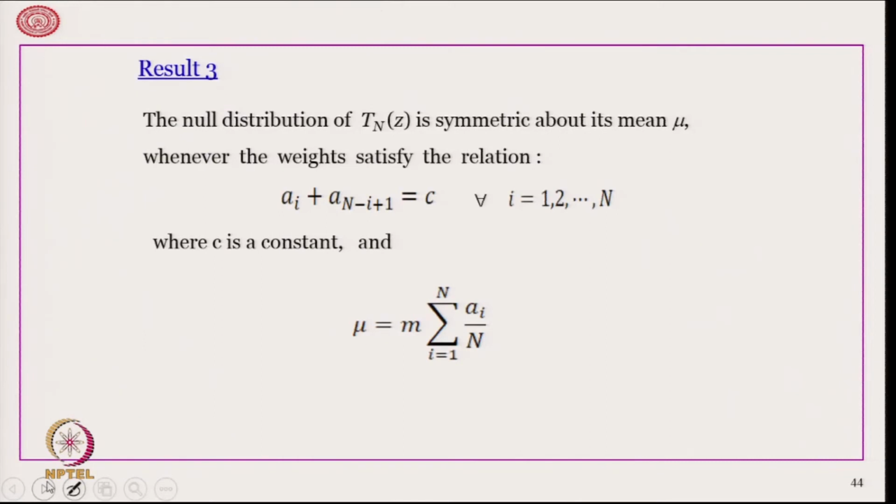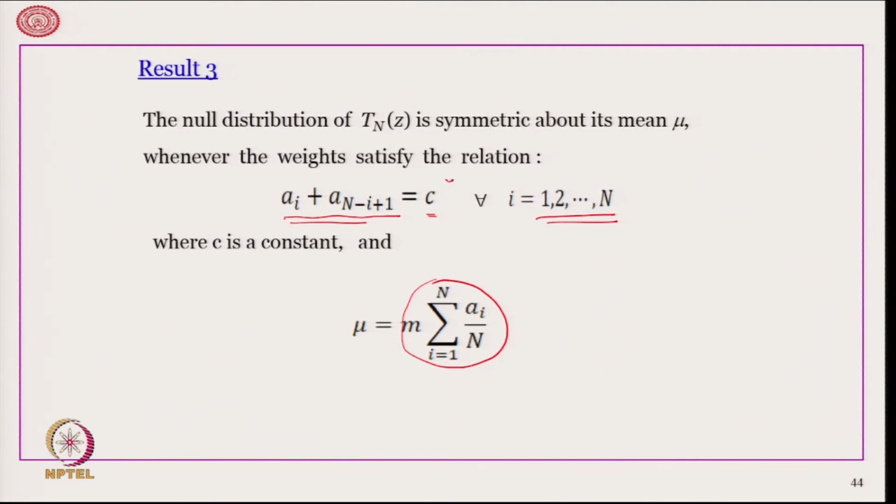The null distribution of T_N(Z) is symmetric about its mean mu whenever the weight vector a_i satisfies the following: a_i plus a_(N minus i plus 1) is equal to c for all i equal to 1 to N, where c is a constant, and mu is equal to, as we already know, m by N into sigma a_i.